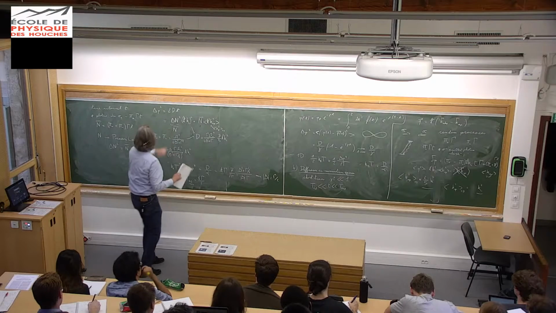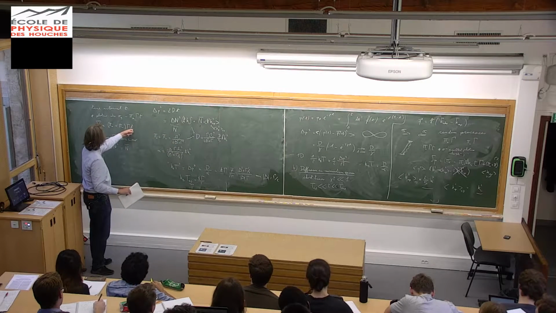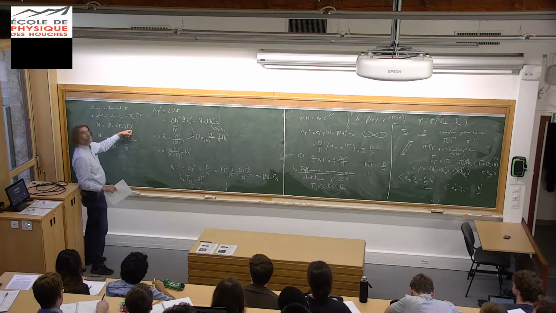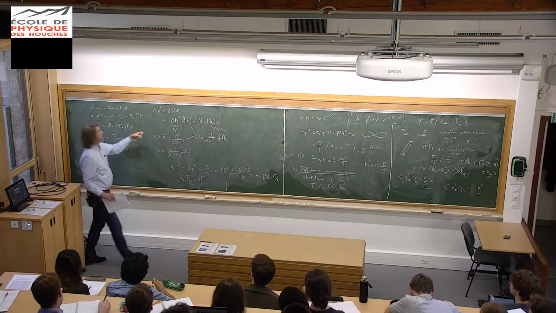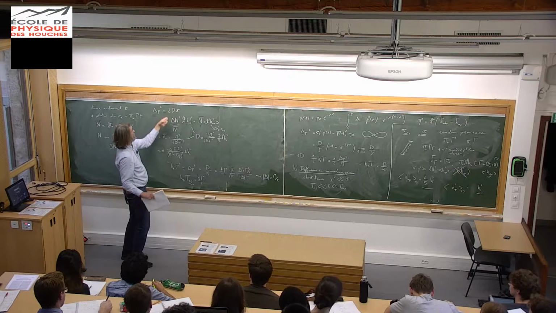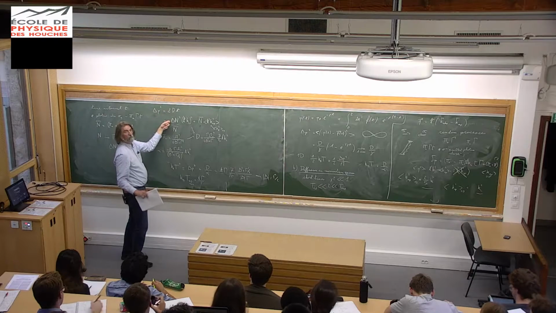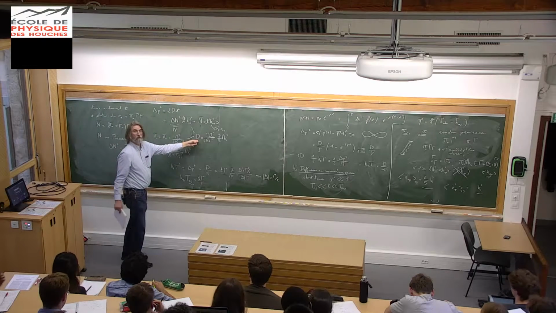And so, as these numbers are both proportional to t, then from this relation I can get the expression of D.